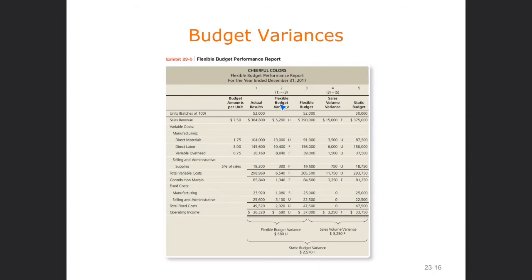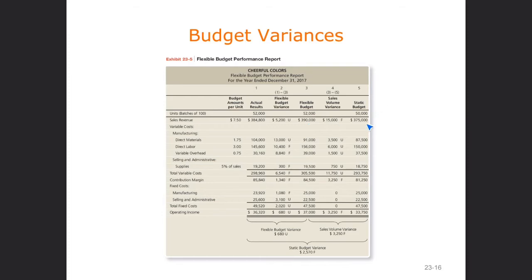So that's looking at the flexible budget variance. Now we're going to move down to the sales volume variance. The sales volume variance is telling you here, take 3 minus 5, so flexible budget minus our static budget. Looking at revenue, our revenue in our flexible budget was 390,000.